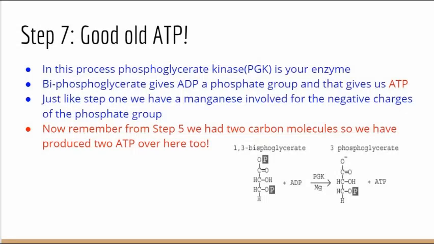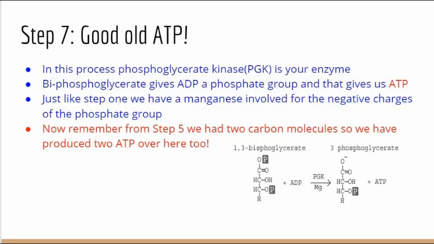Alright, and in step 7, we start making some ATP. In this process, PGK, or phosphoglycerate kinase, is your enzyme. The bisphosphoglycerate gives ADP a phosphate group, and this gives us ATP.